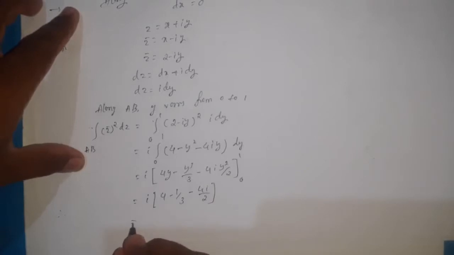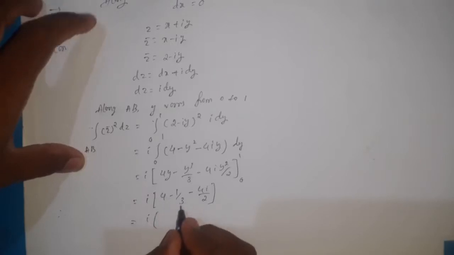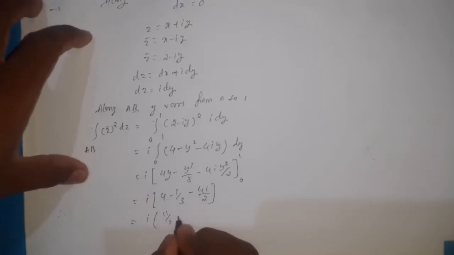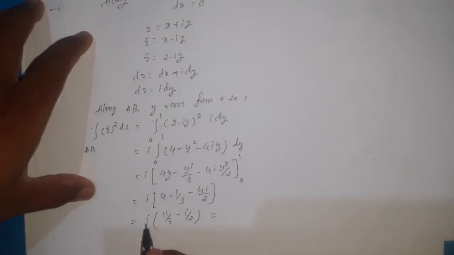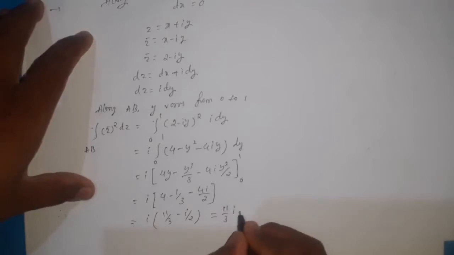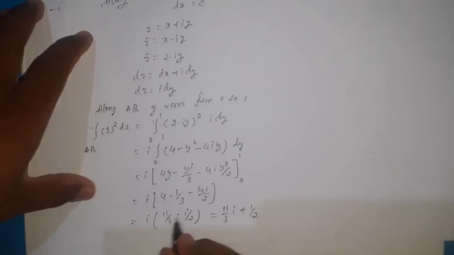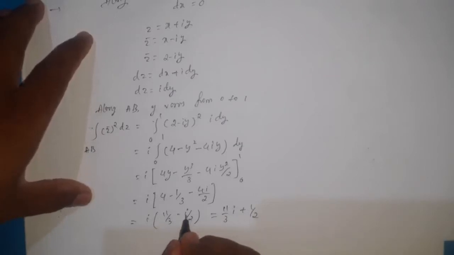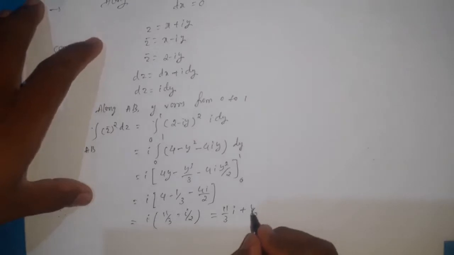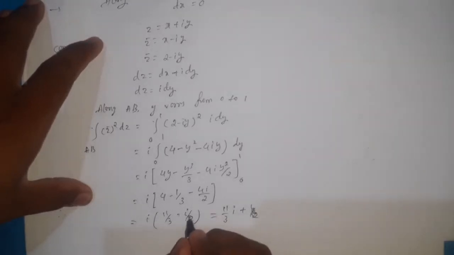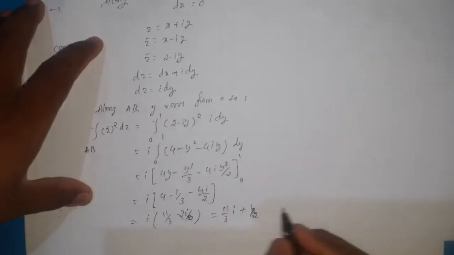Then simplifying this one, that is i into 4 minus 1 by 3, that is 11 by 3, minus i by 2, or by multiplying with i, that is 11 by 3 i plus, because i into i becomes i square, which is minus 1, so already one negative is there, so that becomes plus, sorry, not 1 by 2, here this is 2i, so 2 ones are 2, twos are, that becomes plus 2.